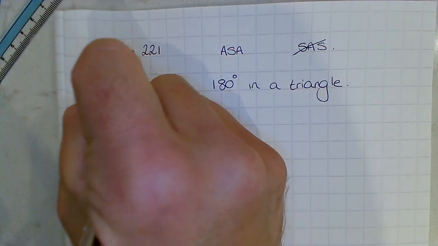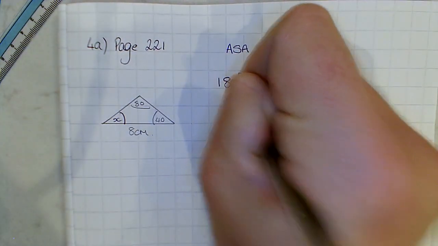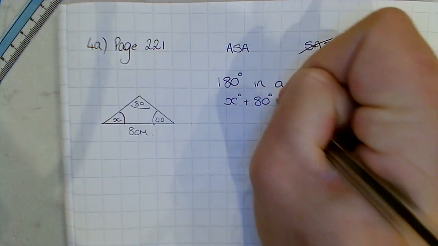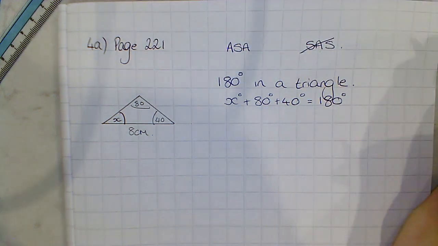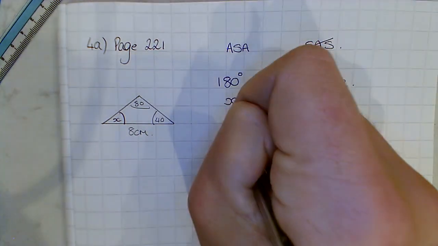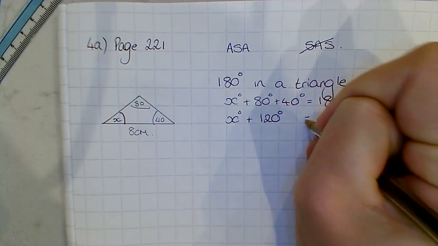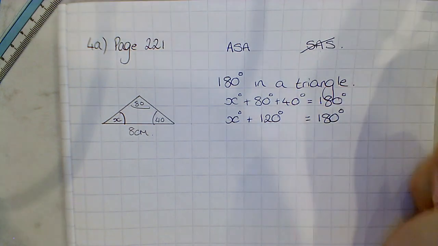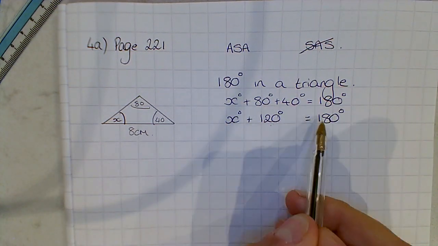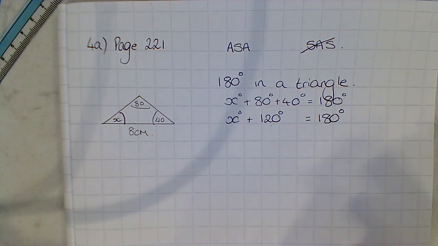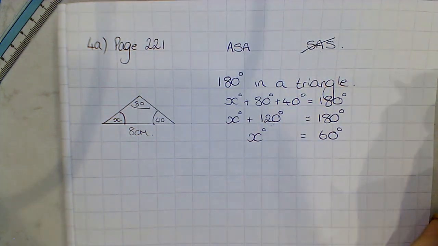So if I label this angle here as X, I know that X degrees plus 80 degrees plus 40 degrees must give me 180 degrees. Okay, so then that tells me I can then simplify my calculation to give me this. So 80 plus 40 is 120, so X plus 120 must equal 180. So then I know that X must be 60 degrees.